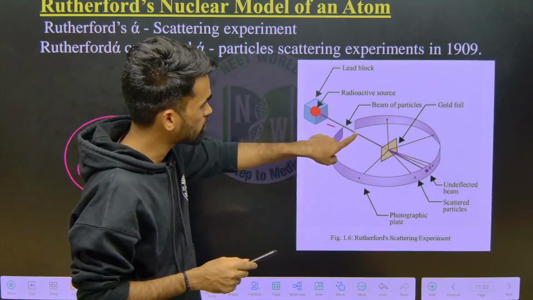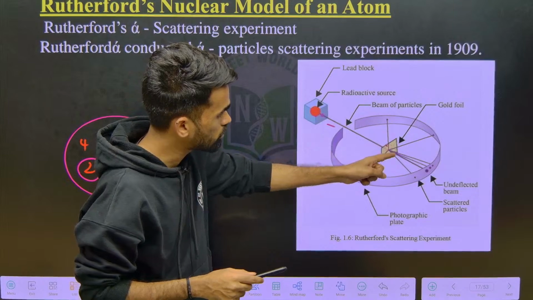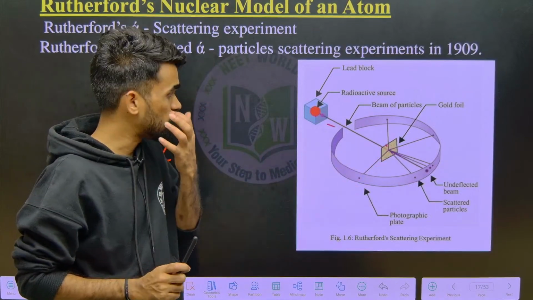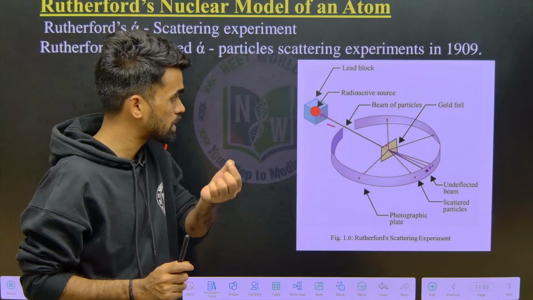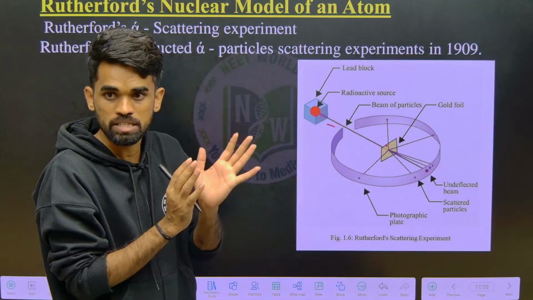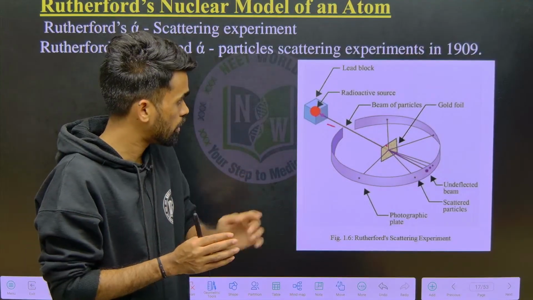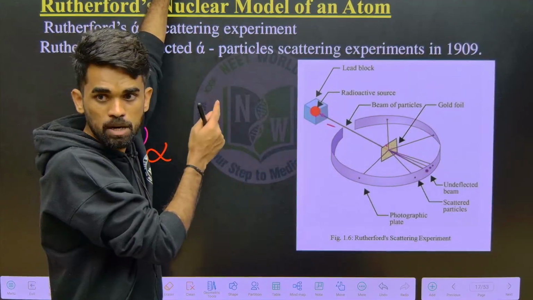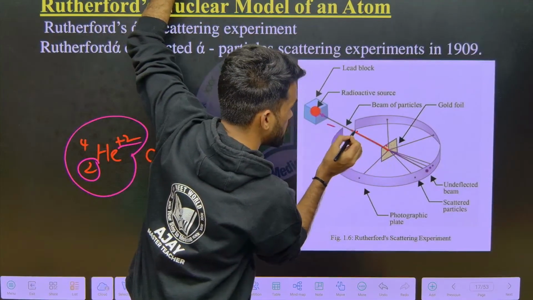See, most of the alpha particle rays go without any deflection, they pass through very easily. But a few alpha particles have some deflection, either with small angles or with large angles, and a few alpha particles go exactly back by retracing their original path. It means they go exactly 180 degrees back.